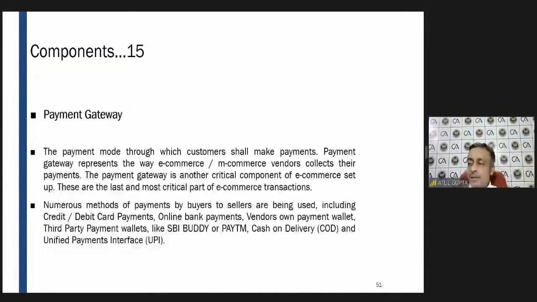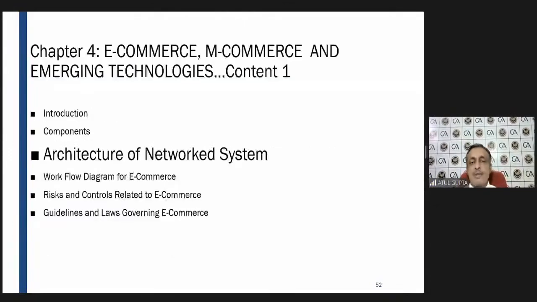Then SBI Buddy or other payment apps, COD, and UPI, the Unified Payments Interface. We'll talk in huge detail about all these payment gateways. These components are very important. Keep your minds on that, because understanding is important and from an exam perspective also it is very, very important. Then the architecture of the network system.